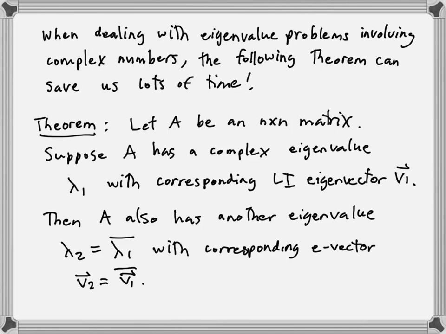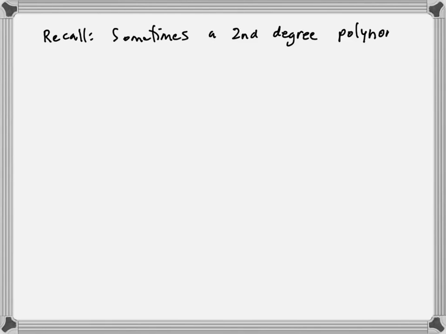Another thing I want to remind you guys before I do the next example is, this is a fact from algebra, recall that sometimes a second degree polynomial ax squared plus bx plus c equals 0 does not factor.